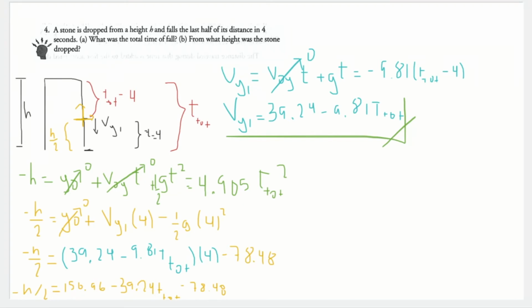Now, with the information we have with h halves, I will pass the 2 multiplying to the other side.